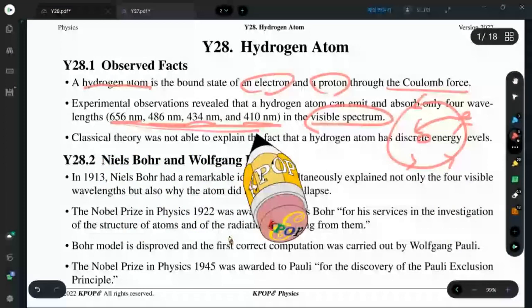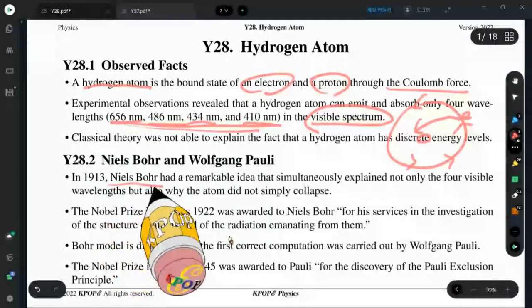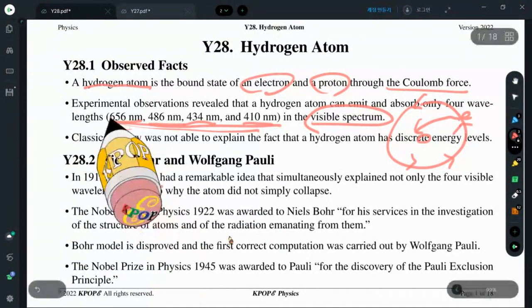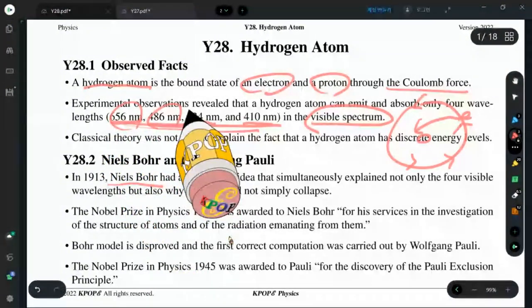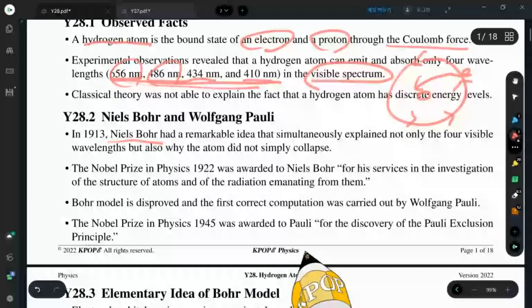It was a fact. And Niels Bohr introduced a very interesting, remarkable idea that's completely wrong, but he explained these spectra remarkably accurately with a very stupid idea.